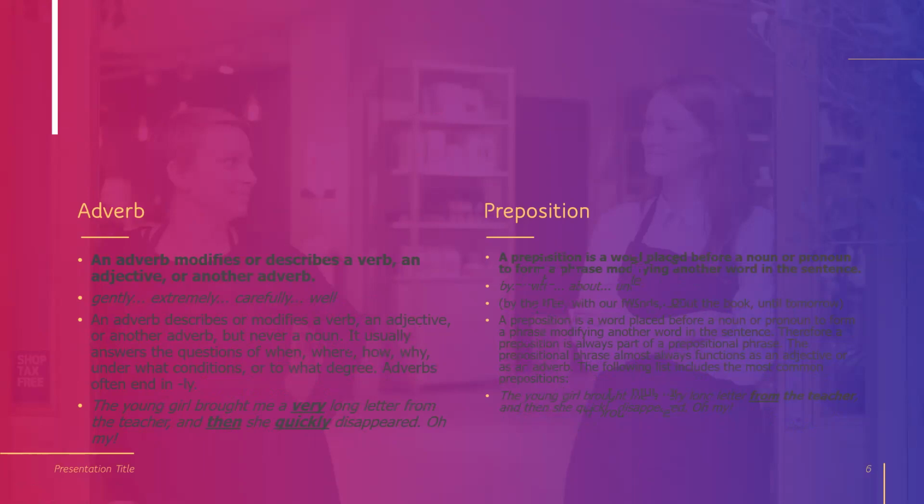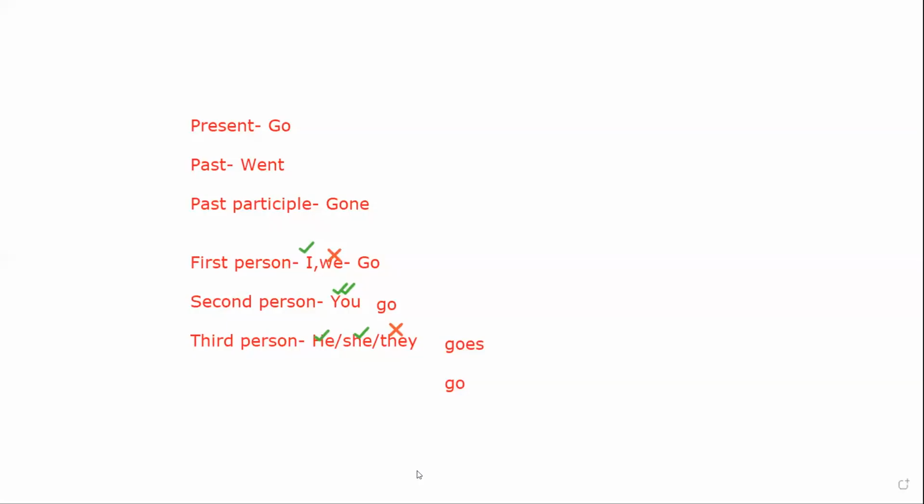Now there are two options. One is conjunction and another one is interjection. Conjunction. So the main role of a conjunction is to join two sentences.